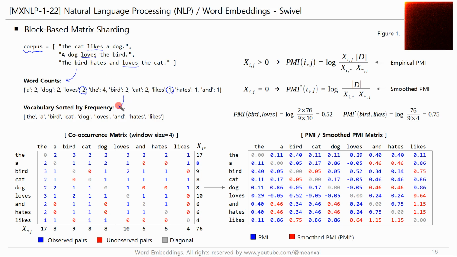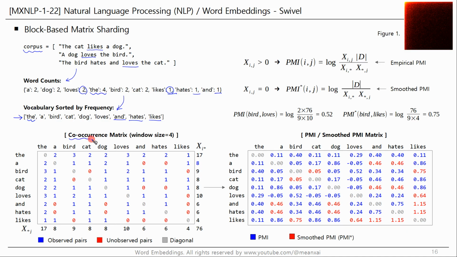Next, we sort the vocabulary in descending order of frequency. Since the appears most frequently, it comes first. When multiple words have the same frequency, we sort them in ascending alphabetical order. This gives us the following vocabulary list.